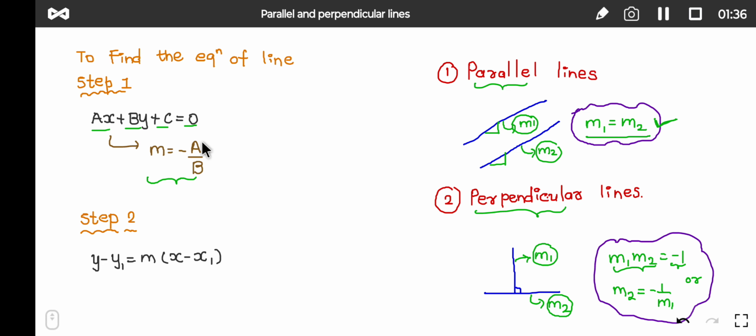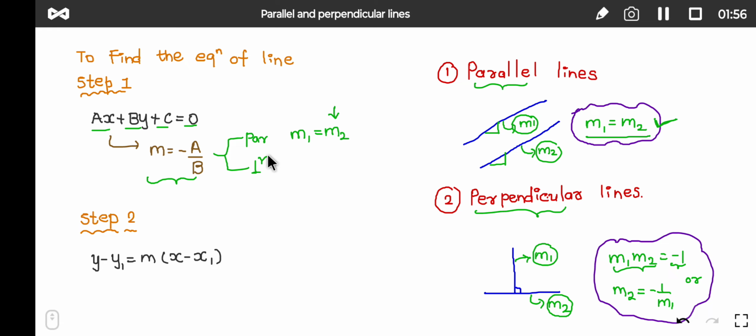After finding the slope, check whether we have to find a parallel line or a perpendicular line. If parallel, use m1 is equal to m2, meaning whatever slope we get here, the same slope will be there for the second line.